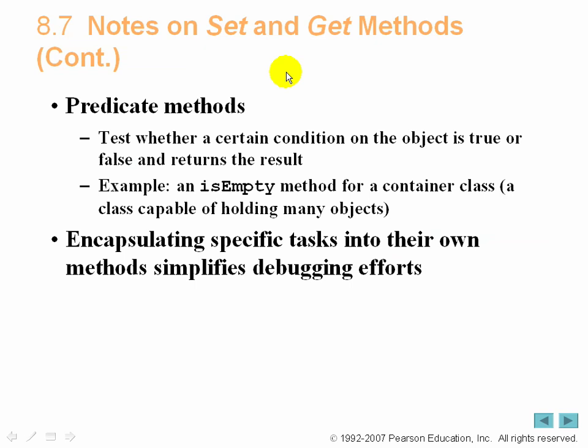And the get method would not be called get by convention in Java. Instead, it would be called is and then the continuation of the name. So for example, if I had a piece of data called empty of type boolean inside of one of my classes, I might provide a setEmpty method and an isEmpty method to meet the naming conventions of Java.